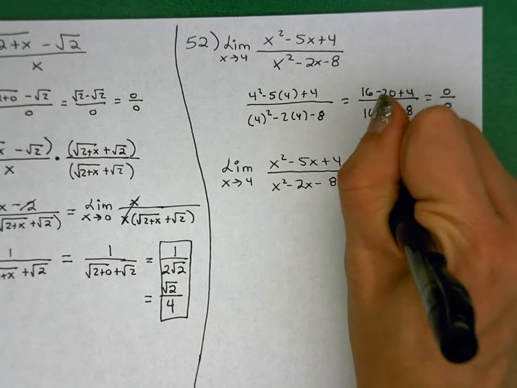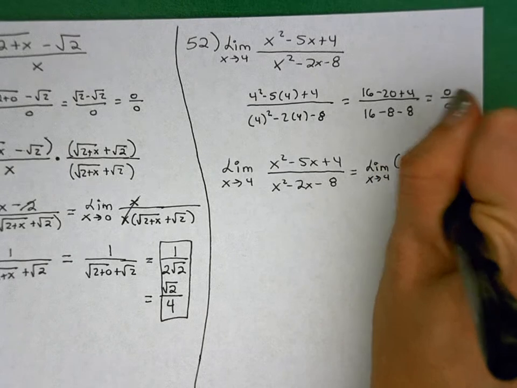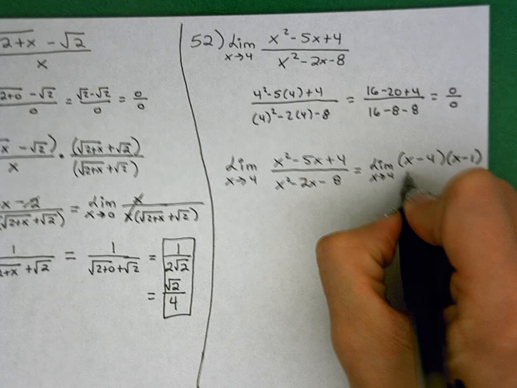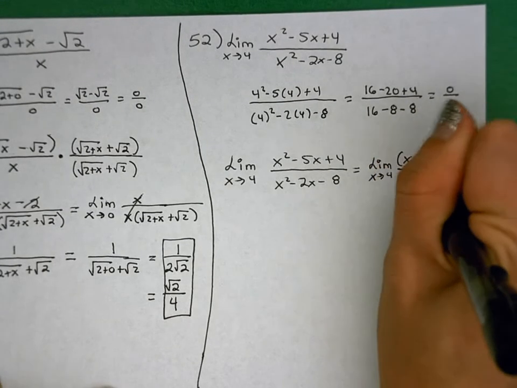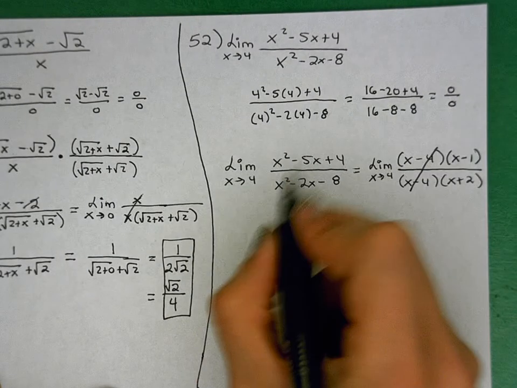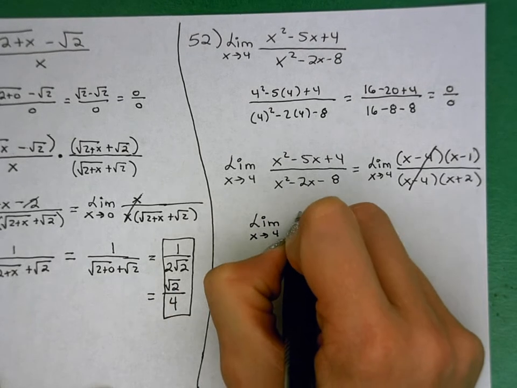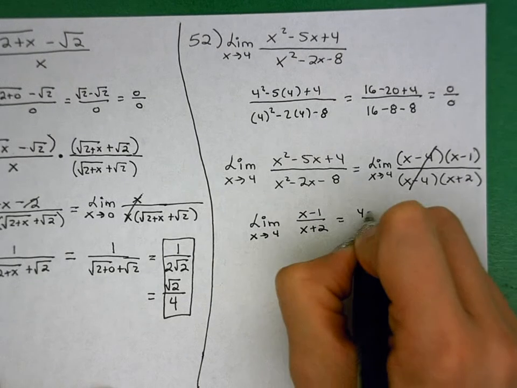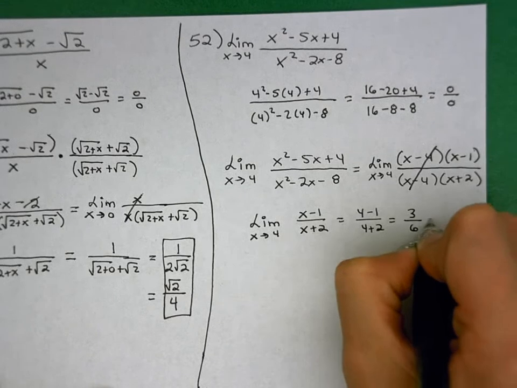So I'm going to do limit as x approaches 4 of the quantity x minus 4 times the quantity x minus 1, all over the quantity x minus 4 times the quantity x plus 2. The x minus 4's will cancel and we're left with the limit as x approaches 4 of x minus 1 over x plus 2. And when I substitute in 4 minus 1 over 4 plus 2, I get 3/6 or 1/2.